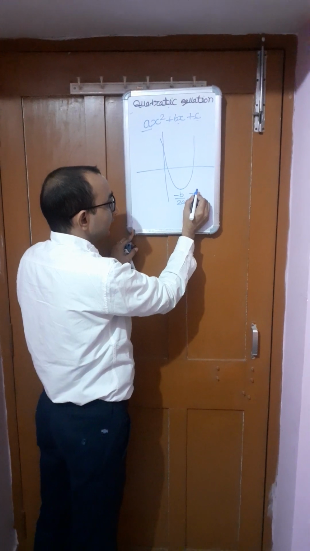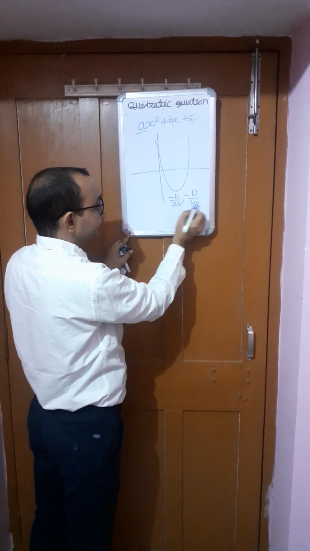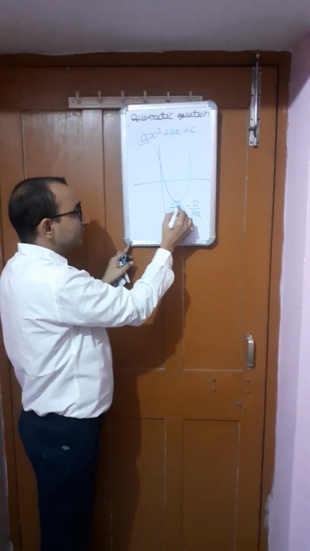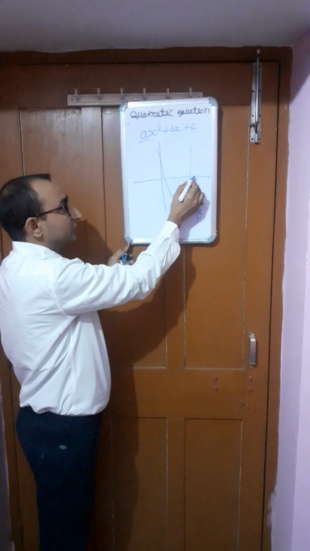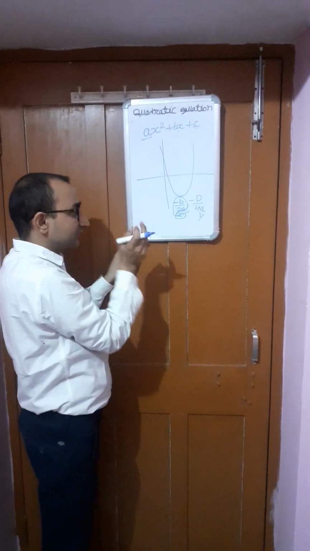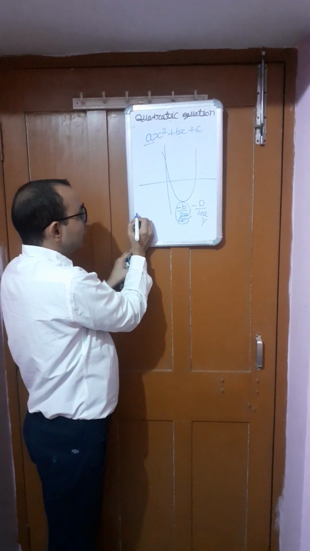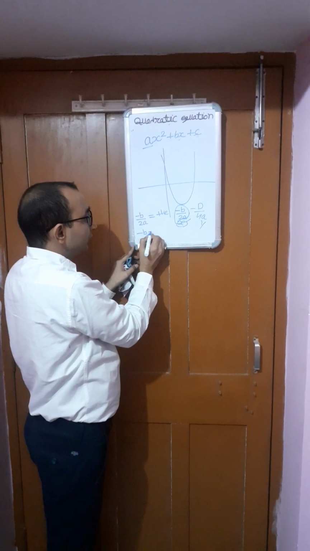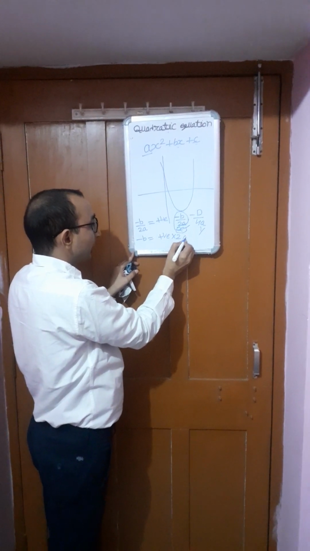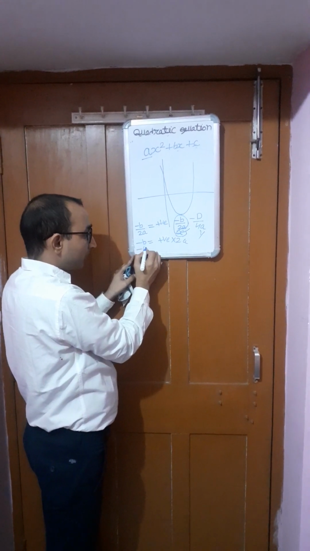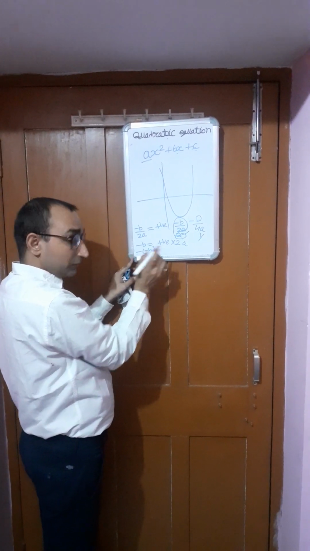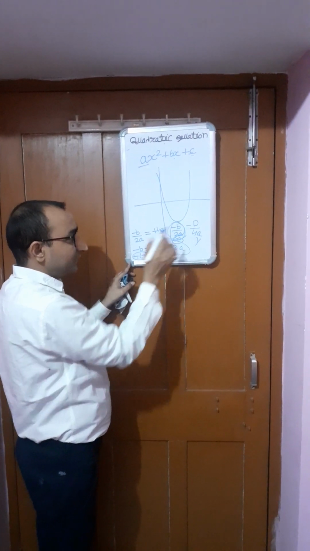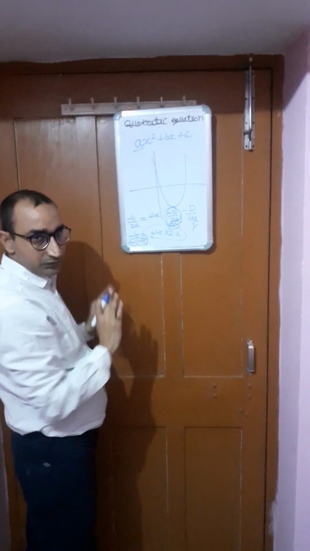If the vertex is in the fourth quadrant, where x is positive, then minus b by 2a is positive, so minus b equals positive into 2a. This means the value of b is negative, because multiplying this minus and this minus becomes positive. So the sign of b is decided by this method. The value of b is negative here.